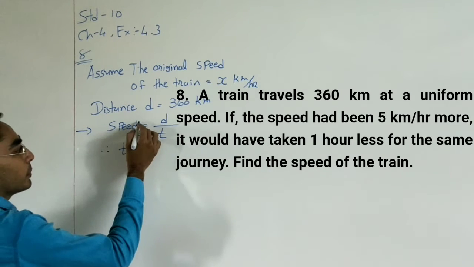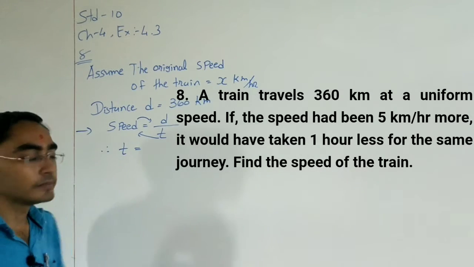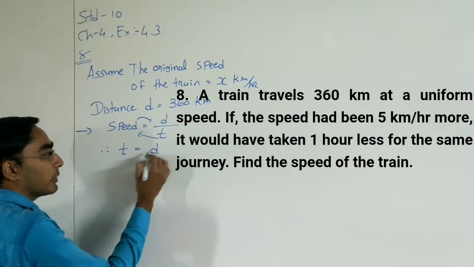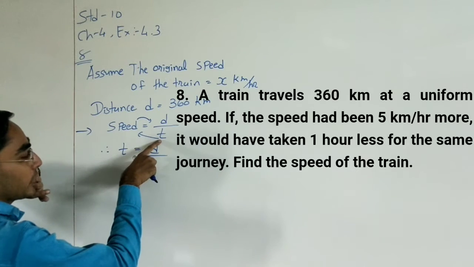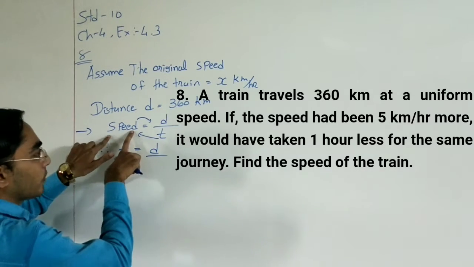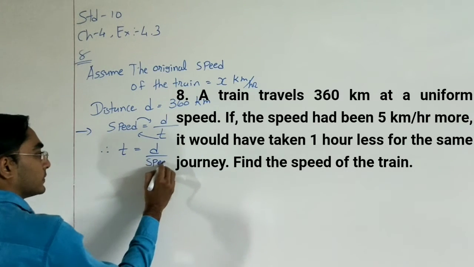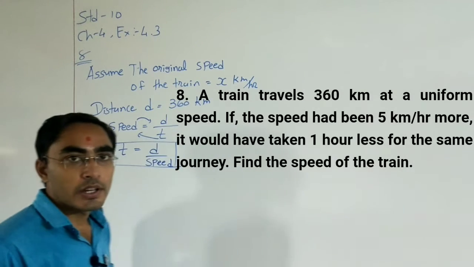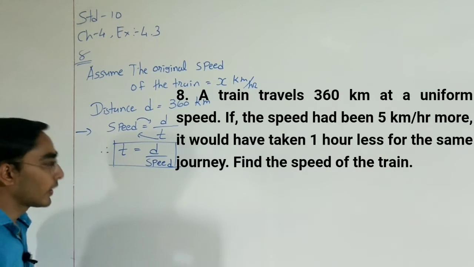And if we transfer this speed to the right hand side, it goes to the denominator. So time t is equal to distance d divided by speed. Here our distance d remains as it is, and these two things are interchanged.